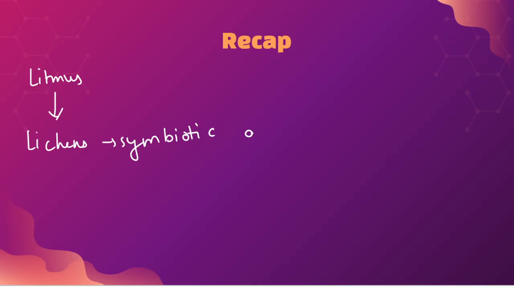So what we have learned till now is about litmus. Litmus is derived from a symbiotic association called lichen. Lichen is a symbiotic association of algae and fungus.